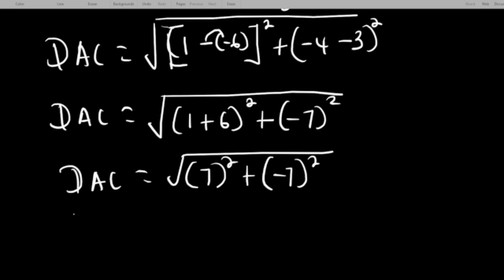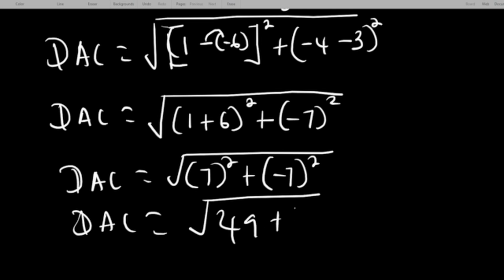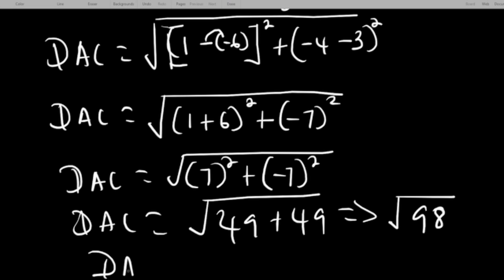So distance AC is equal to 7 squared is 49 plus 49, and when you add the two of them, you get the square root of 98. So this implies that distance AC equals the square root of 98 units.